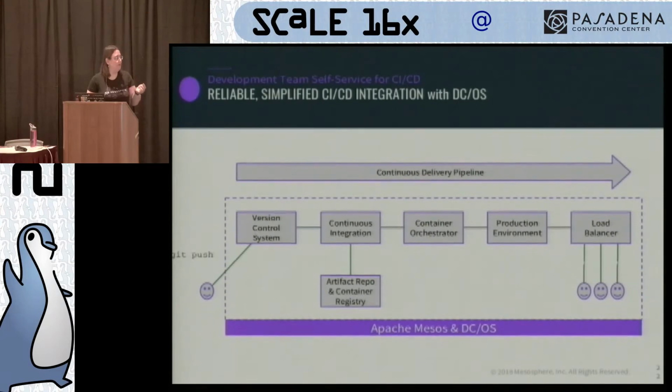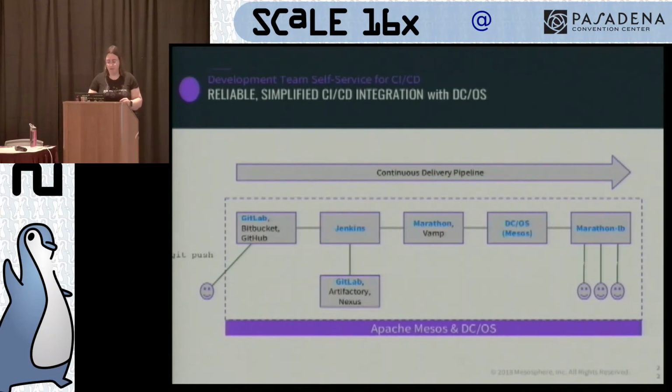In the original version of this talk that all our sales guys give, it sends it to Docker Hub and GitHub. But I like open source, so that's why I'm using GitLab for everything here. It then does container orchestration to actually deploy into the production environment. So it takes the container that it just built, loads it into production, and then you've got a load balancer in front of that.